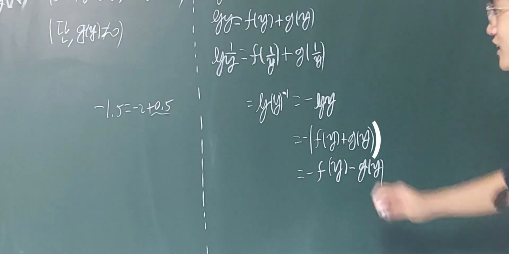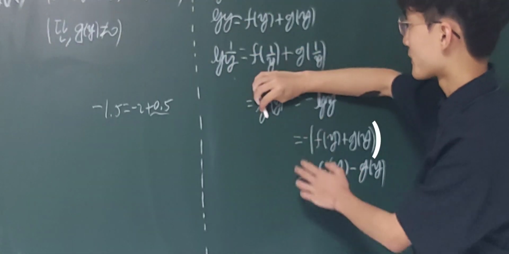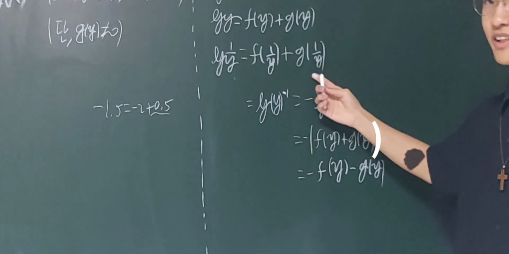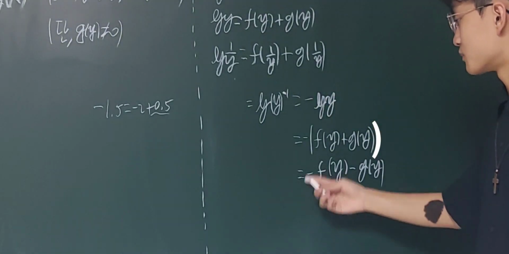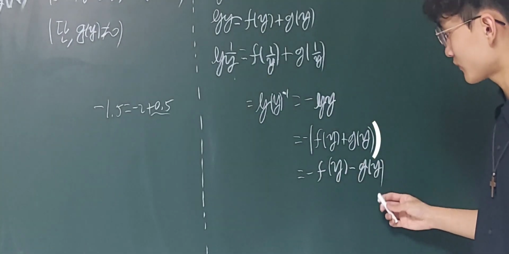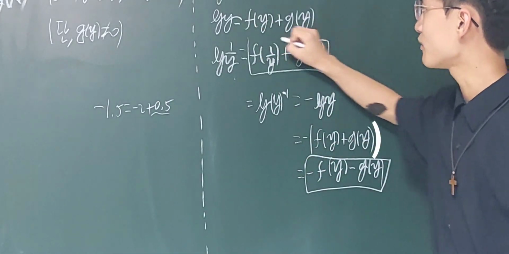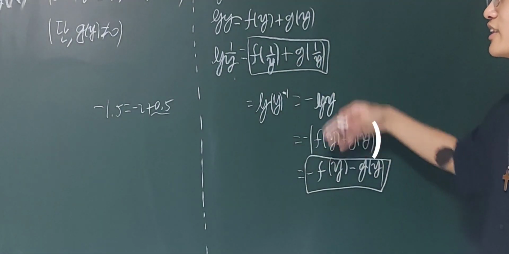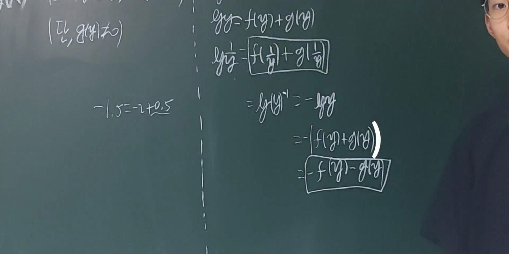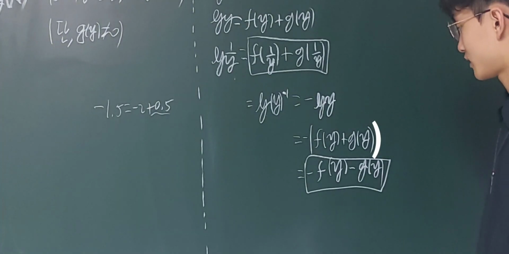Now we also know that these two are the same number, so their integer part and decimal part must be the same.